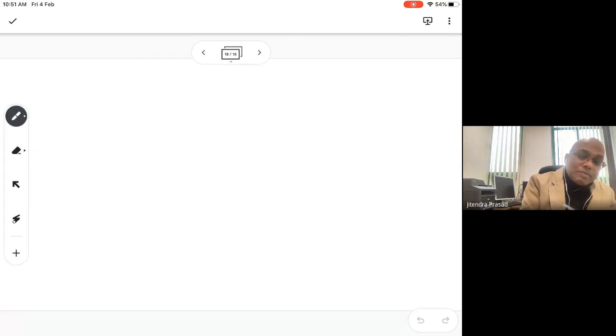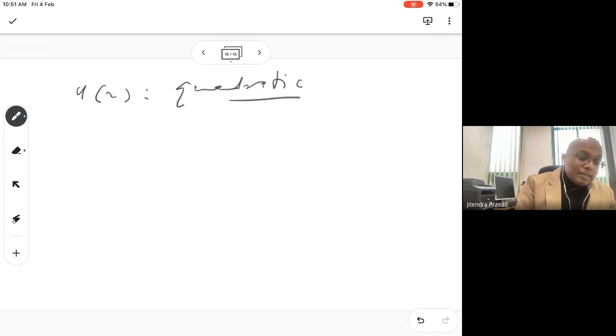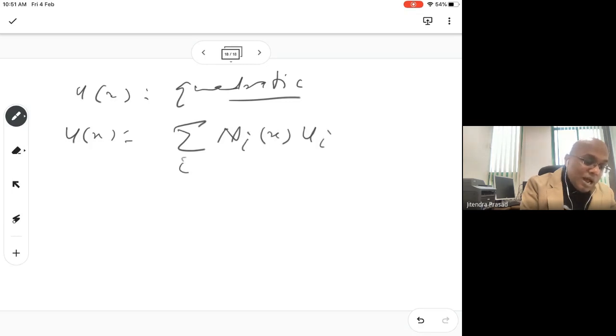If you want a shape function u x to be quadratic, let us say, right? Quadratic. Then in that case, we will see later on, but still I give you a hint that in that case you will write ux equal to the sum of N_i u_i, for i equal to 1, 2, 3. You have to take a 3-noded element.